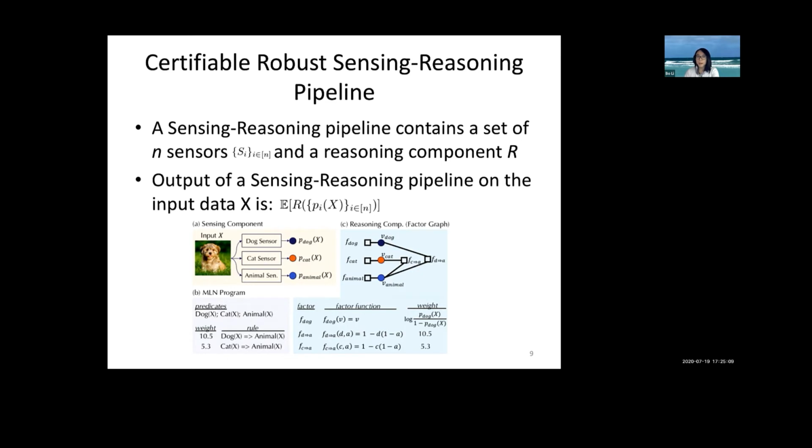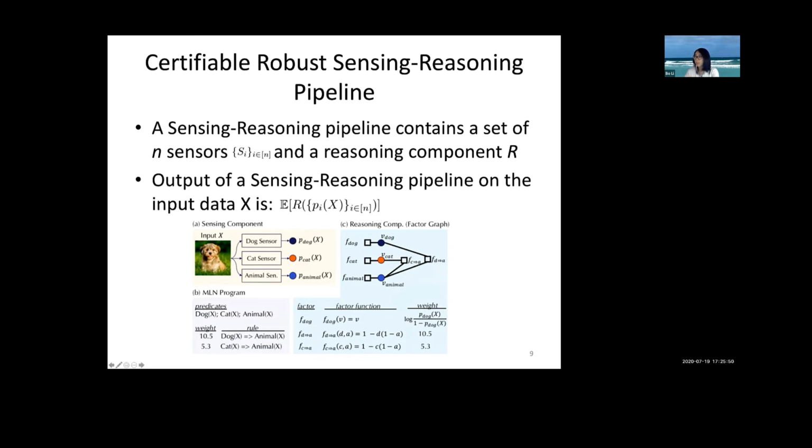One example of such knowledge is for ImageNet classification. We know there is hierarchical knowledge for the ImageNet dataset, and here each sensing model corresponds to the classifier for a specific class in ImageNet. For example, here it's sensing dog or sensing animal, and the reasoning component outputs a Boolean variable for each specific class, and then endorses the domain knowledge, such as if an image is classified as a dog, then it must be classified as an animal, such hierarchy knowledge.